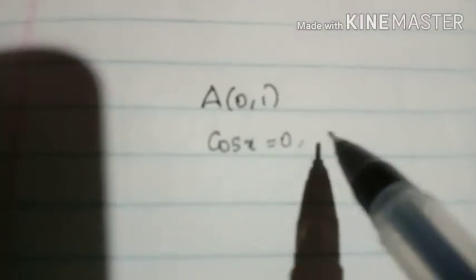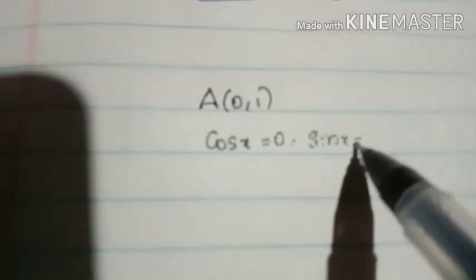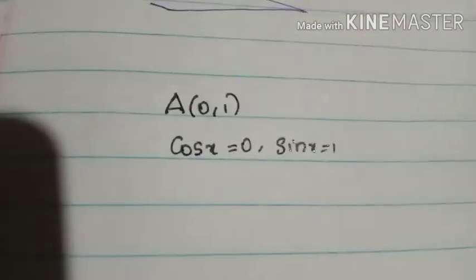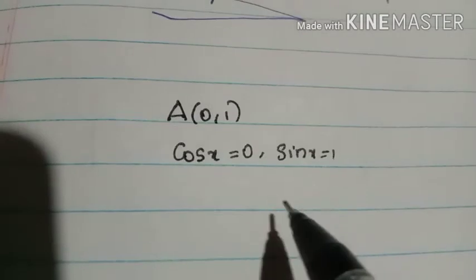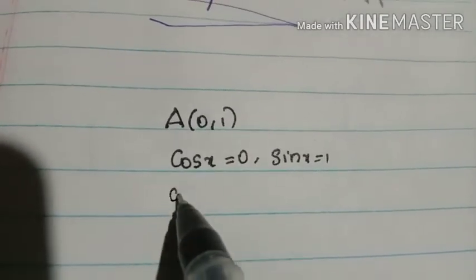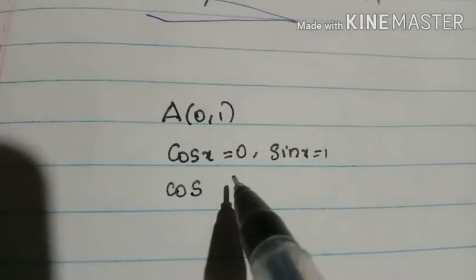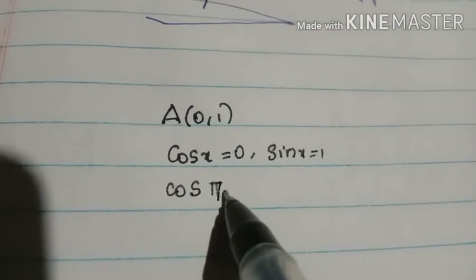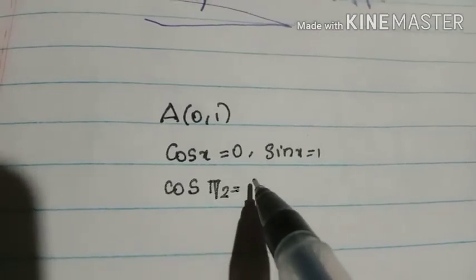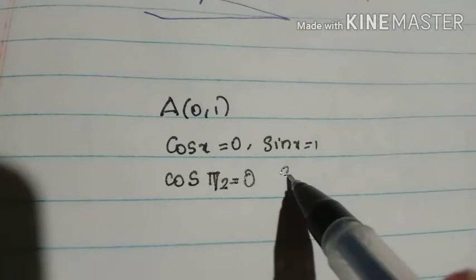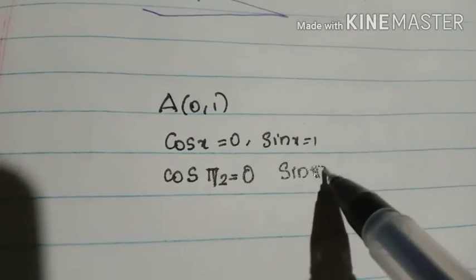At this point, cos x equals 0 and sin x equals 1. Now think, for what value of x does cos x become 0? What is cos pi by 2? Cos pi by 2 is 0. Sin pi by 2 is 1.